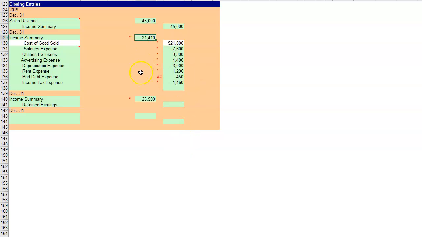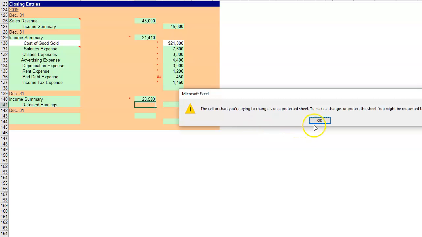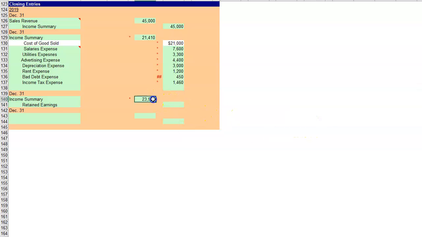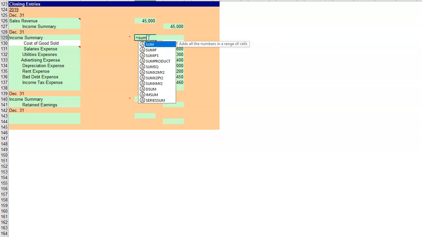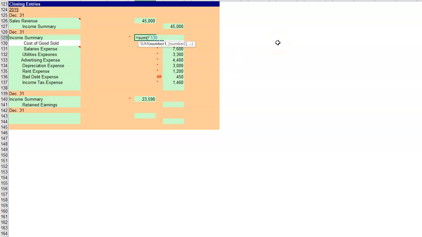All right. I don't know why that's not equaling right. Okay, this I need to fix. So this is a sum. I can't see where I am.